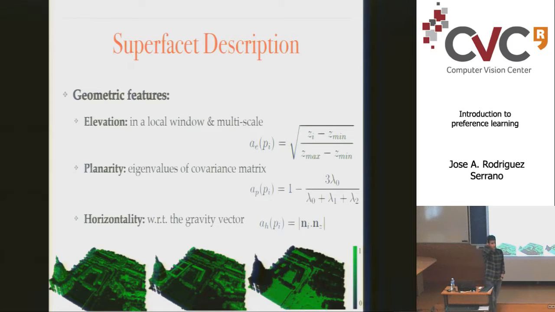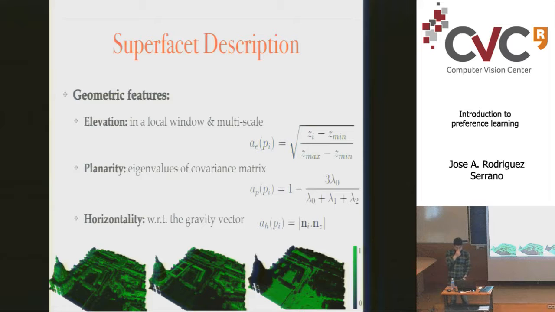If the region is flat, then lambda 0, 1, 2 would have the same value, so that value at the end would be 0 if it is planar, and approach 1 if the region is really bumpy. That happens for instance for vegetation or trees. So again, discriminating between trees and others.